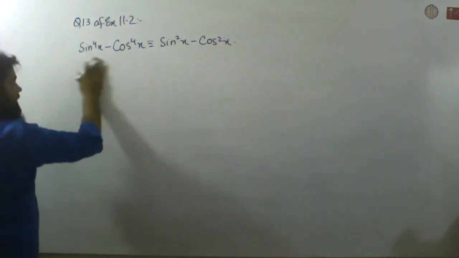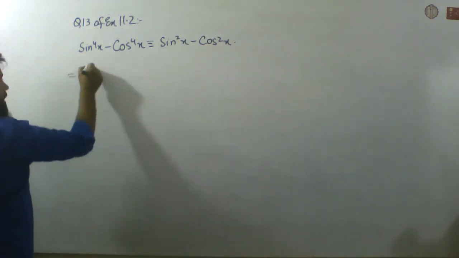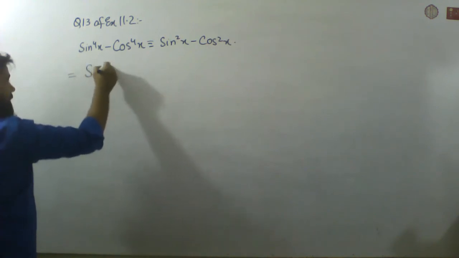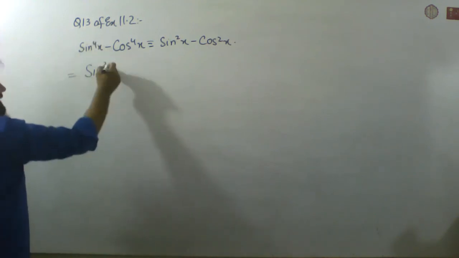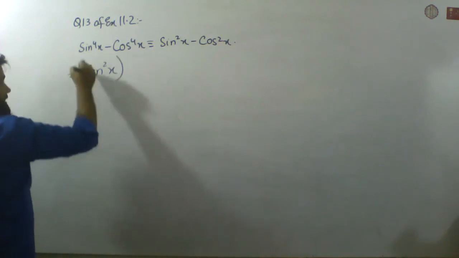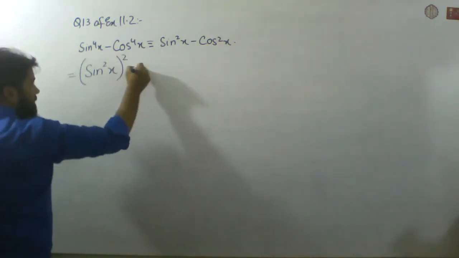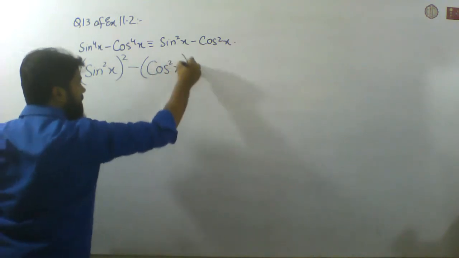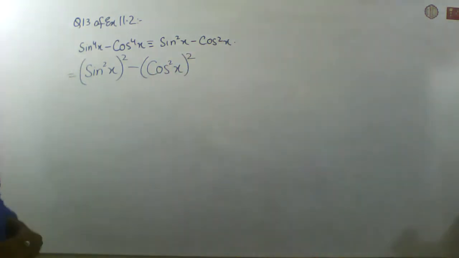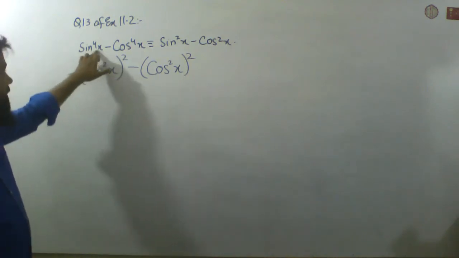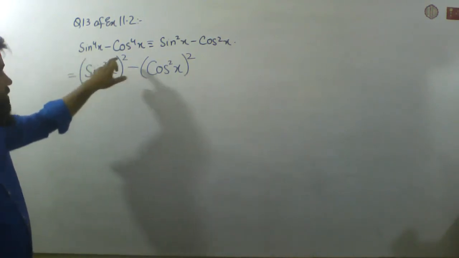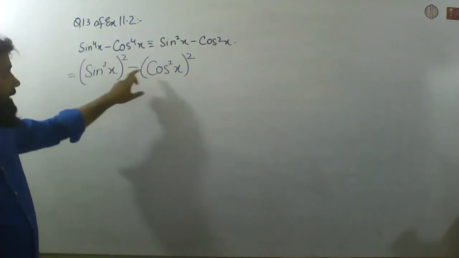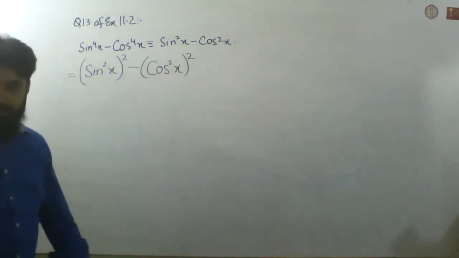First of all, this part, sin power 4x is written. So can I write it in this way? Sin power 4 was written, so I have written (sin square x minus cos square x) whole, power square.